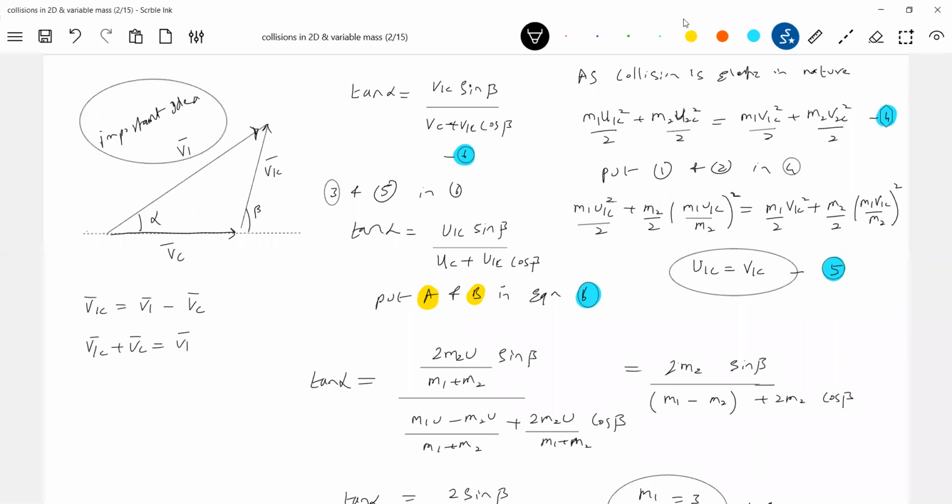Everything here. The subatomic particles collide and they get deflected in that way. This is the nature of collision of subatomic particles.